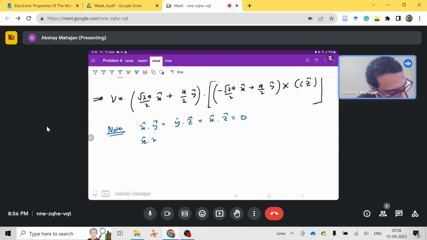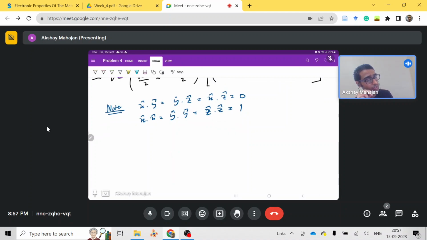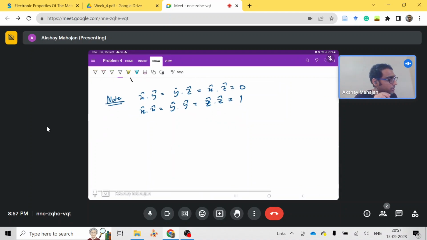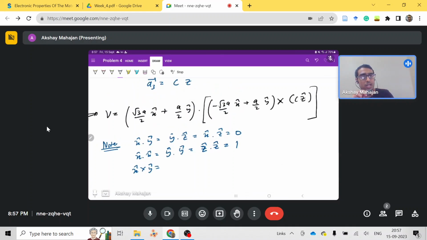While x cap dot x cap equals y cap dot y cap equals z cap dot z cap is equal to 1, because they are orthonormal to each other. These are basic things, but they will really help us if we write them here when we do this kind of complicated problem where we have some cross products and then a dot product.